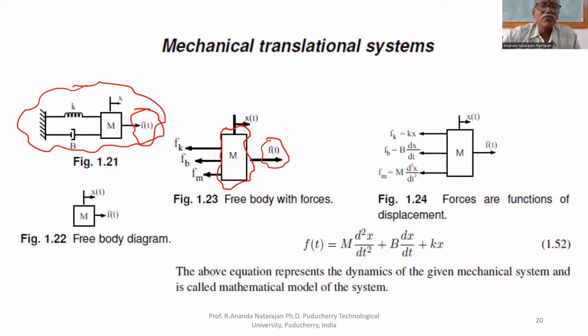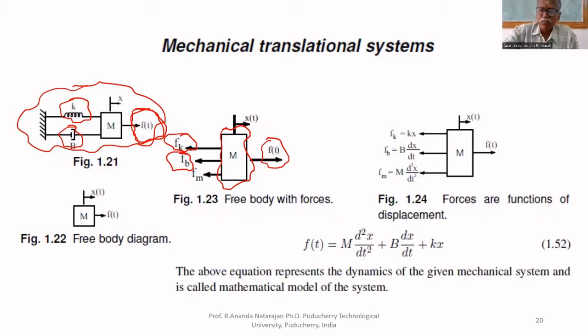Then what are the reaction forces? Because of this force, the reaction forces are: one because of the spring, Fk; because of this dashpot, another force, Fb; and the third one because of this mass.